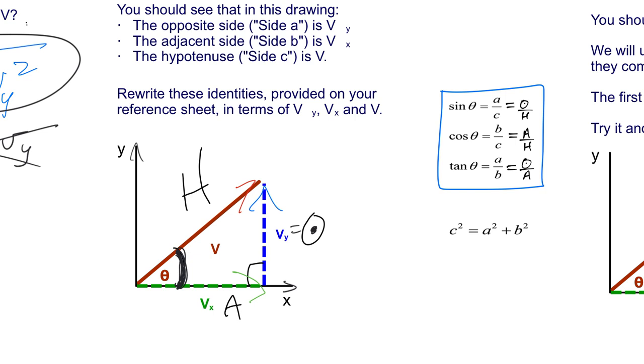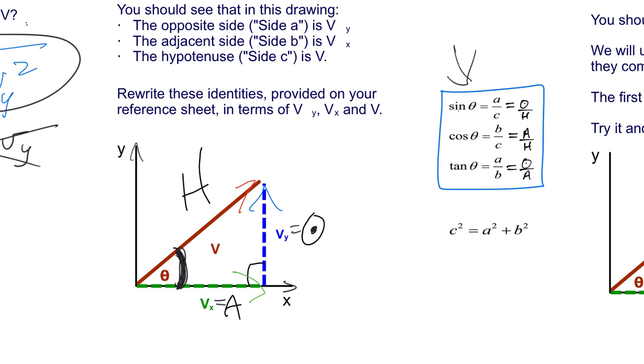Vy will always equal the opposite side, and Vx will always be equal to the adjacent side. Okay, using a trig function, sine of theta equals, in the blue box right here, opposite side over hypotenuse. Cosine of theta equals the adjacent side over hypotenuse.